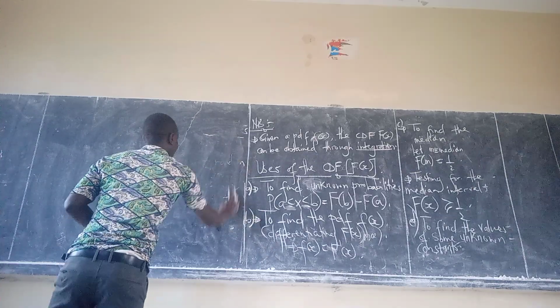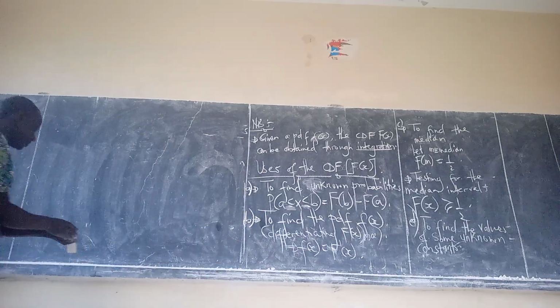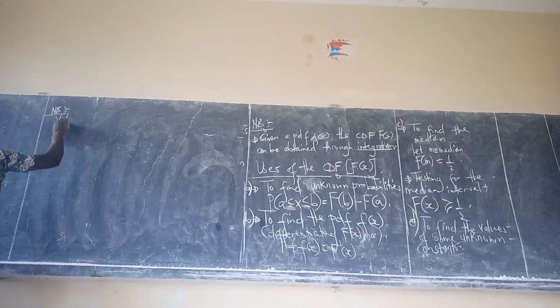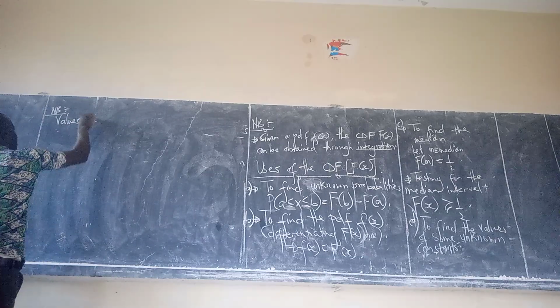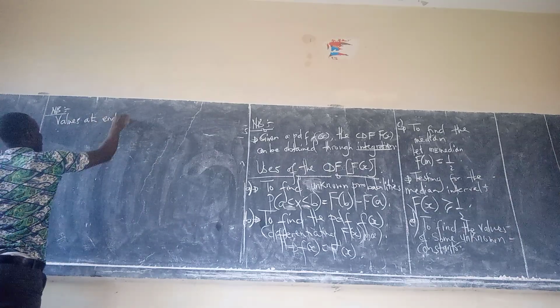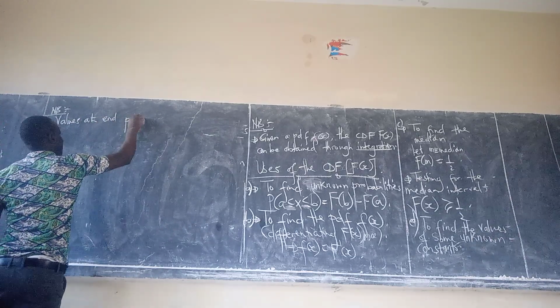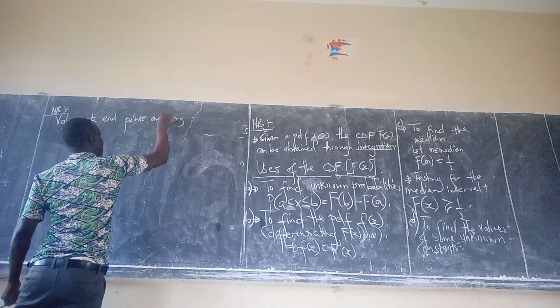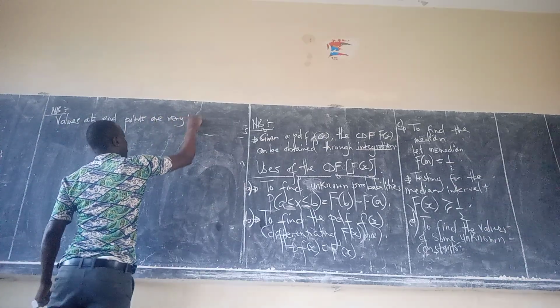If you want to find the values of some unknown constants, then the values at any points are very important.